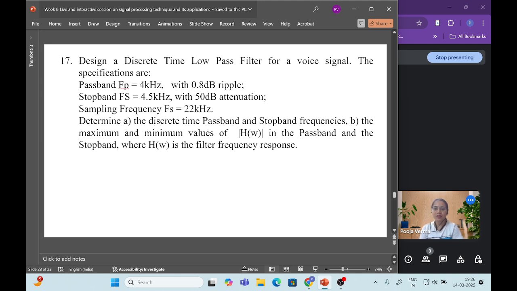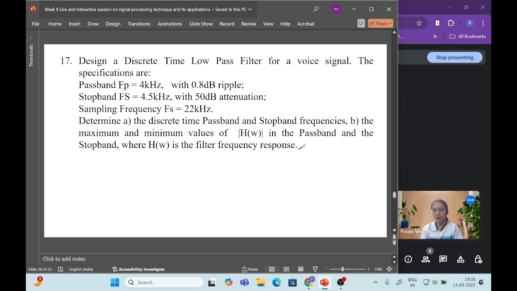Sampling frequency Fs is 22 kilohertz. Now determine the discrete time pass band and stop band frequencies, and the maximum and minimum values of mod of H of omega in the pass band and stop band, where H of omega is the filter's frequency response.